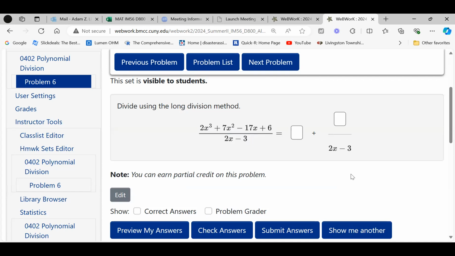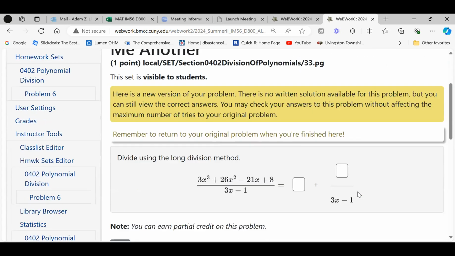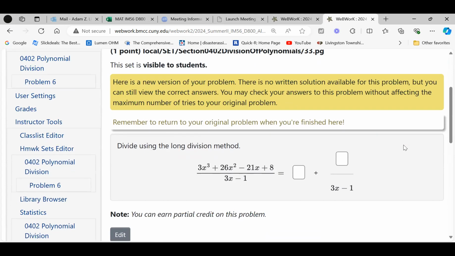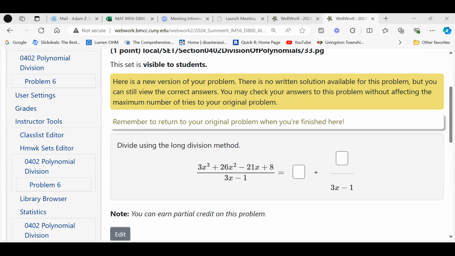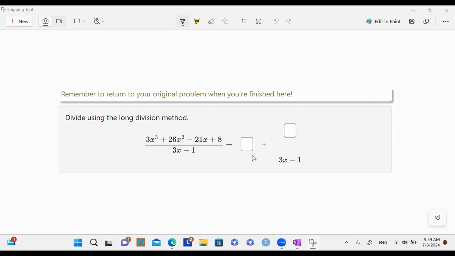Now let's try another, show me another version. You try the question like this one more time before we move on to the last question. Try this. I'll give you a couple minutes.